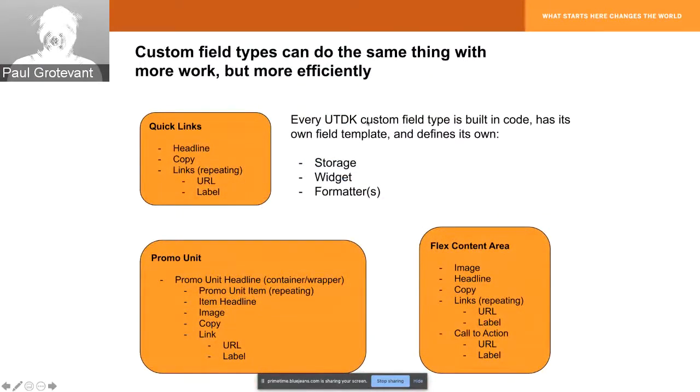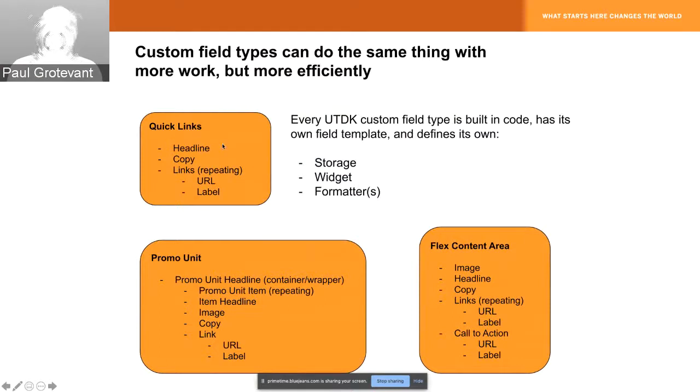Custom field types do the same thing with more work, meaning you have to write some code, but they also do it way more efficiently. So every custom field type that we've written, both in Drupal 7 and in Drupal 8, means you write some code and that field has its own field template and defines its own storage, widget and formatters.